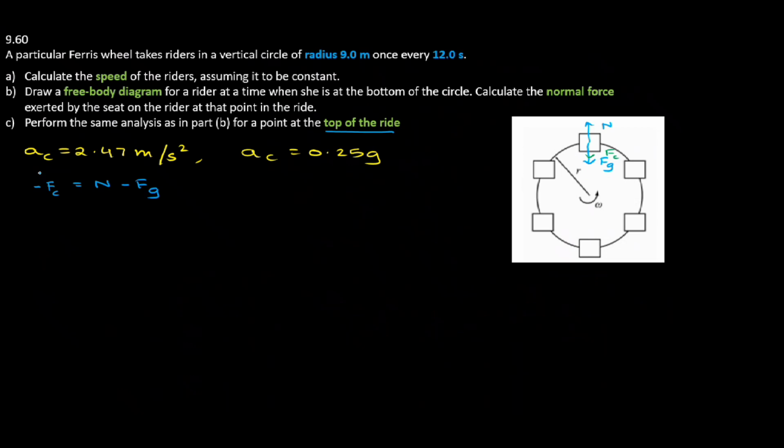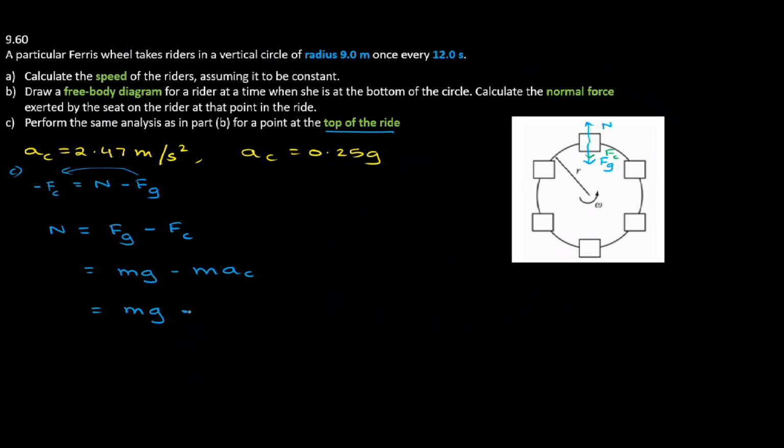Now to calculate the normal force, I will again move my Fg to the other side and we write the normal force N to be equivalent to Fg. When you move it to the other side, it becomes positive minus Fc. Again, we do the same thing. Fg is m into g minus m into AC. AC, as we found in the previous part, is equivalent to 0.25 times g.